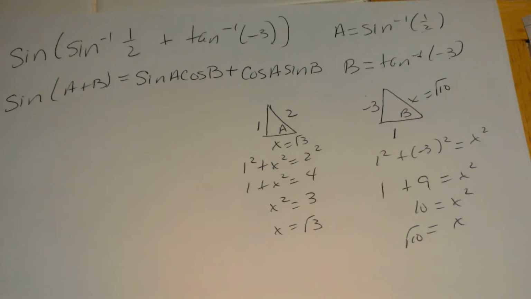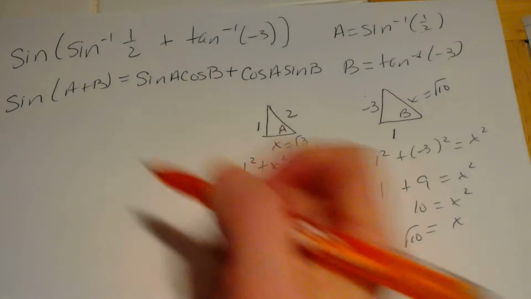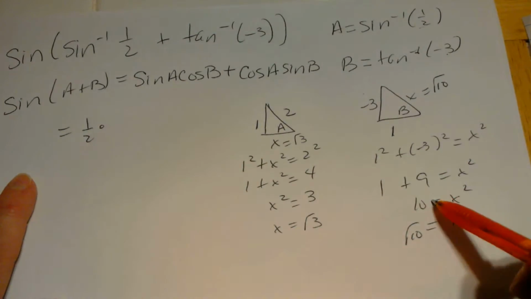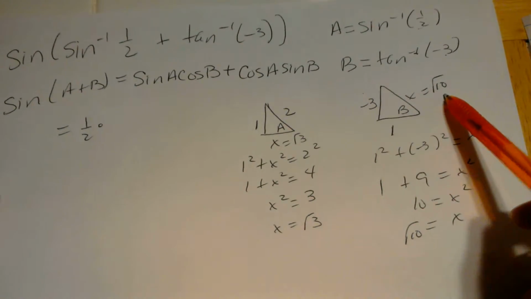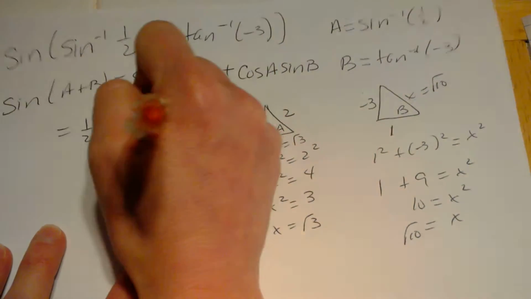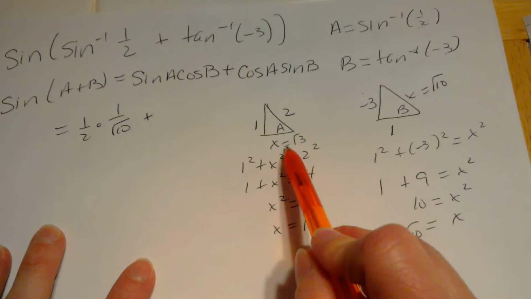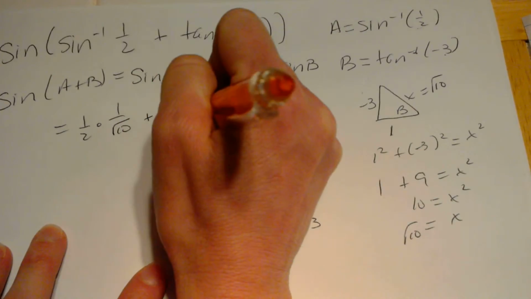So if I'm looking at this, for A my sine is 1/2, so here I've got 1/2. My cosine for B is my adjacent over hypotenuse, so I have this. Plus my cosine for A, which is my adjacent side over my hypotenuse, so I've got square root of 3 over 2.